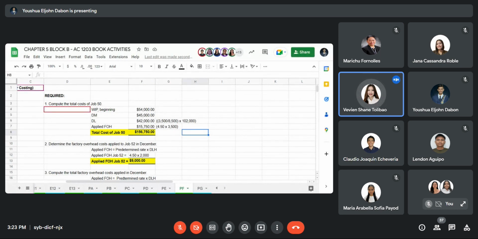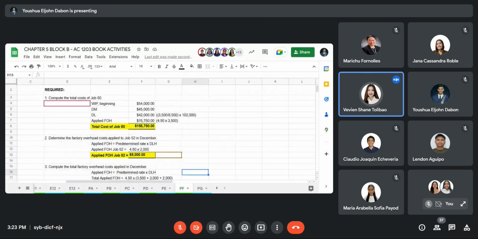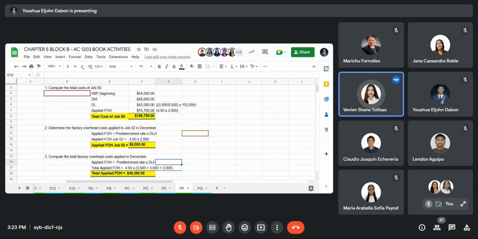So for number two, determine the factory overhead cost applied to job 52 in December. So as stated, to get the applied factory overhead, you just multiply the predetermined rate times the direct labor hours. So for job 52, you have 4.50 times 2,000. That is $9,000, which is the applied factory overhead cost for job 52.